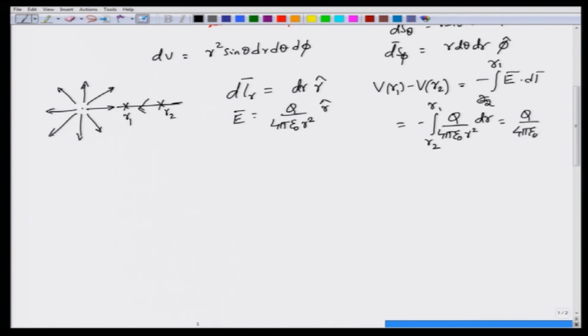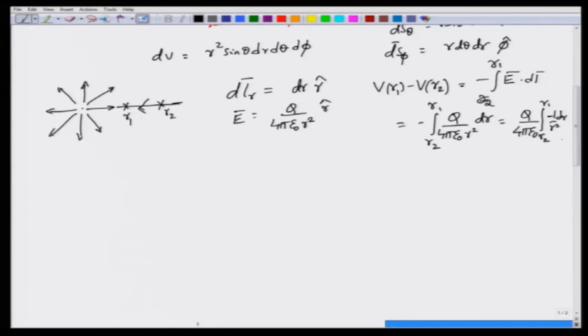I have the integral of minus 1 by r square dr from r2 to r1. The integral of 1 by r square is minus 1 by r, and there is a minus sign here, so this integral will become 1 by r.